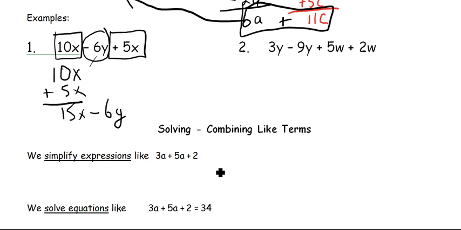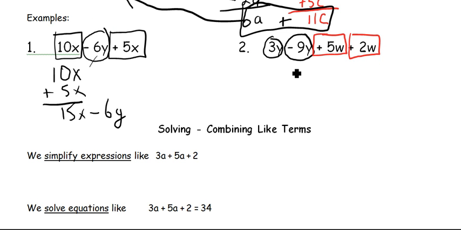All right. Now, let's go over here and let's look at, here we have y's. There's a term with a y. There's a term with a y. Now let's use a different color and do a square. There's a 5w, and there's a 2w.